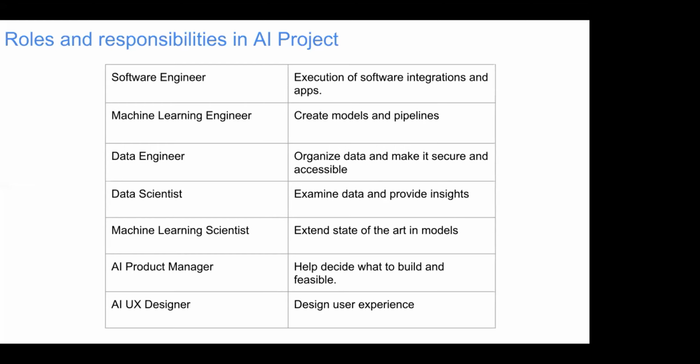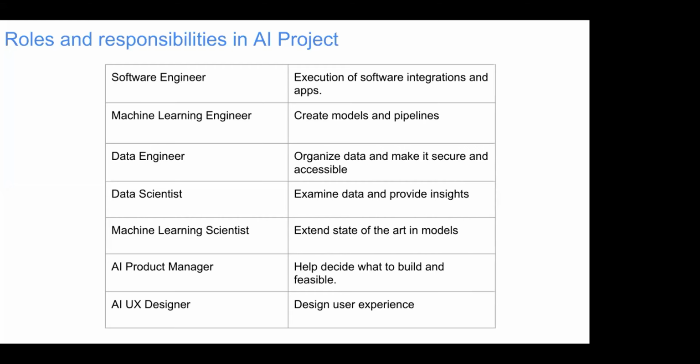Then you need a data science role who can examine data and provide insights from the data. And you possibly need a machine learning researcher, a machine learning scientist who can understand the next generation of state-of-the-art models. And then lastly, you need an AI product manager who can decide what to build and what is feasible or not.